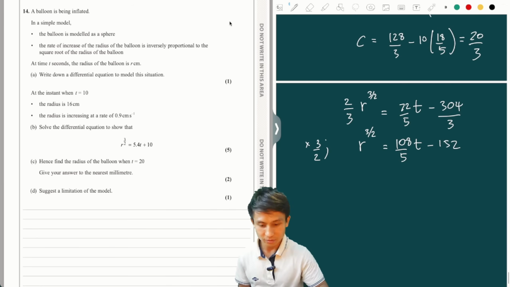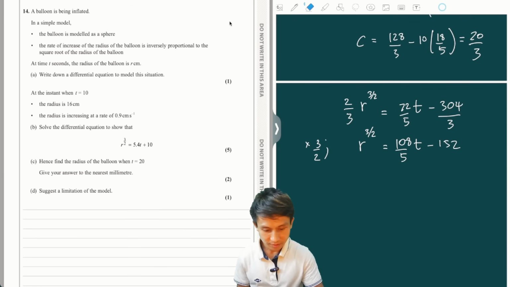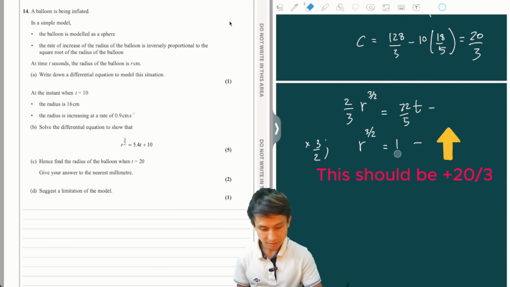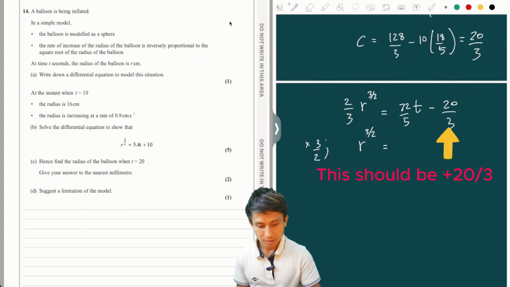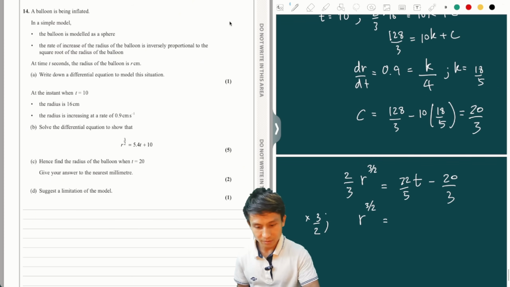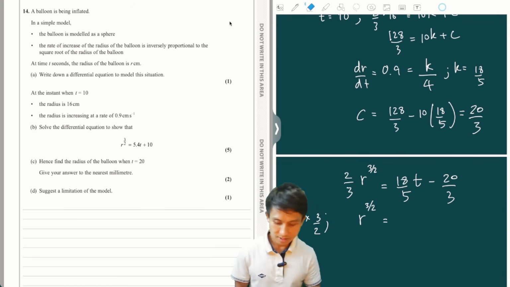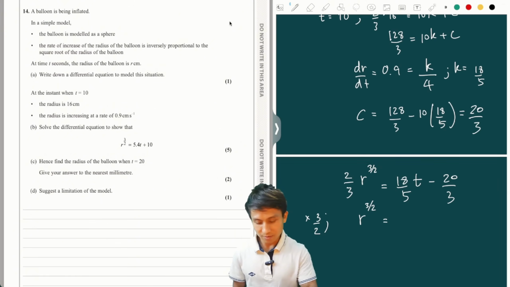All right, so should be hopeful. And is k still? No, k is changed now. 18 over 5, right? Okay, so we're still multiplying by 3 over 2 there.